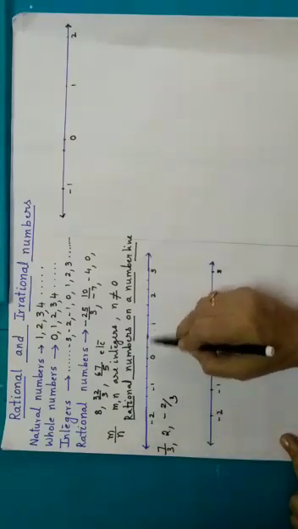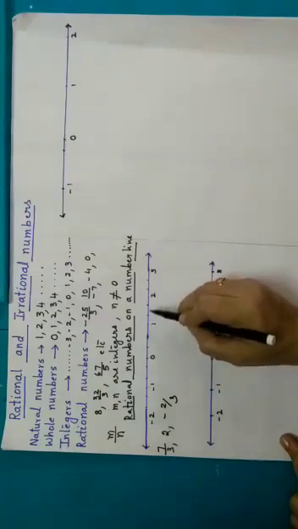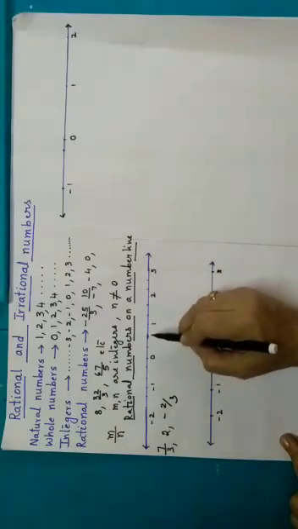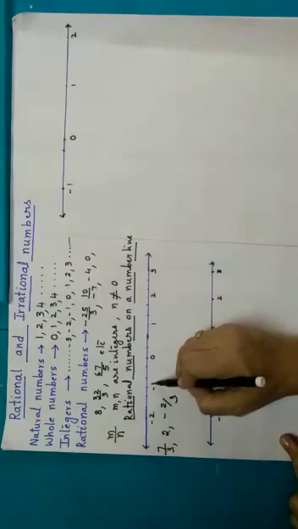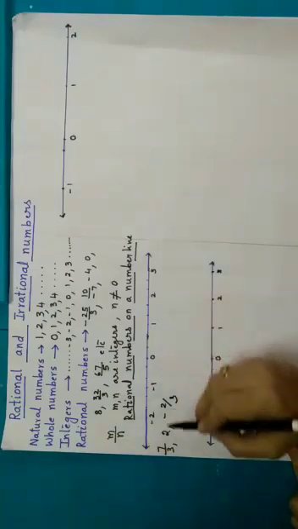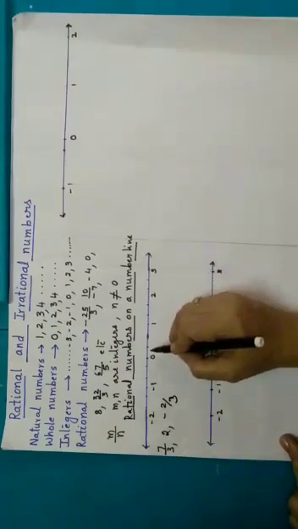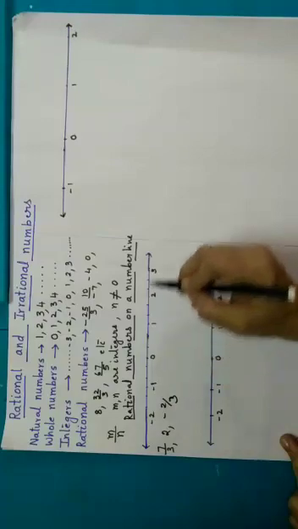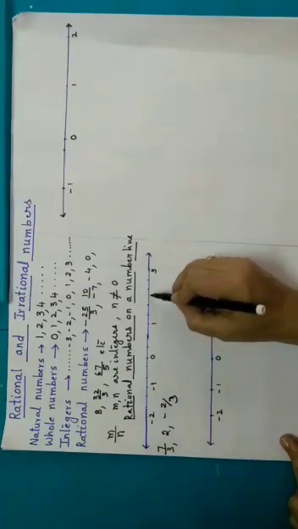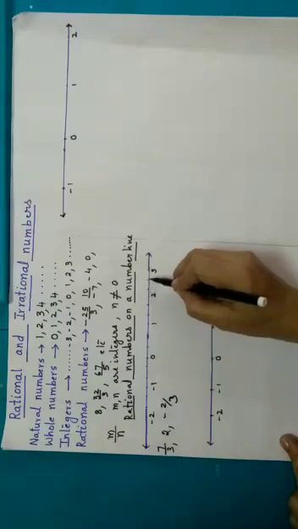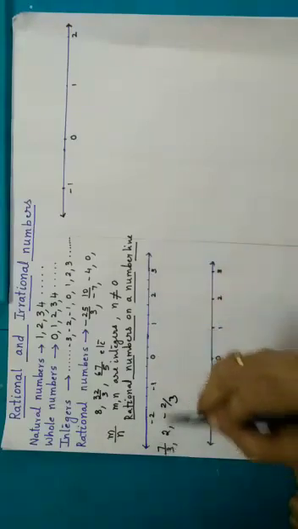Next, each unit, 0 to 1 or 1 to 2, will be divided into 3 parts. Why 3 parts? Because here the denominator is 3. 1, 2, 3. So, in between 2 and 3 also there are 3 parts. Similarly, on the left hand side.